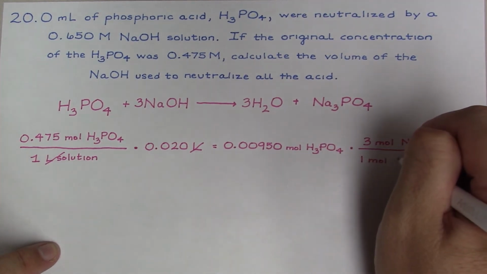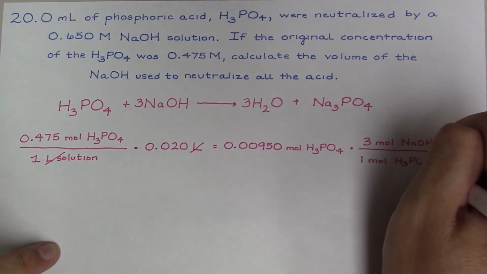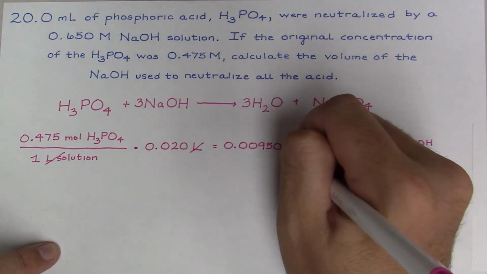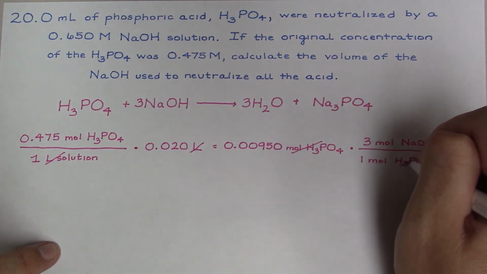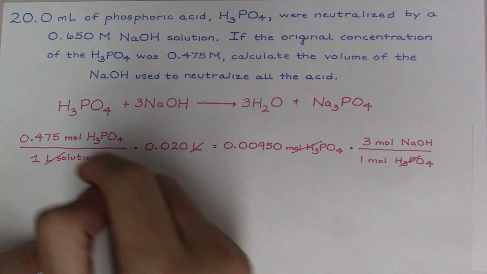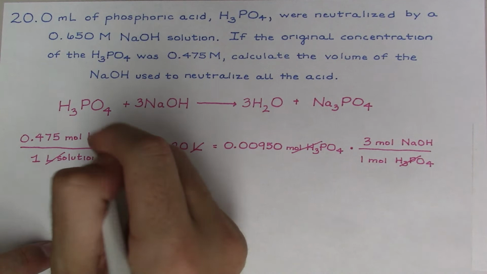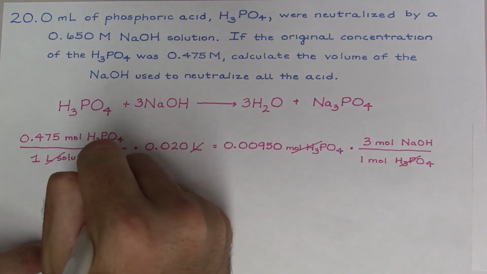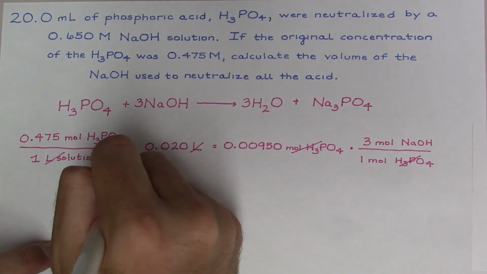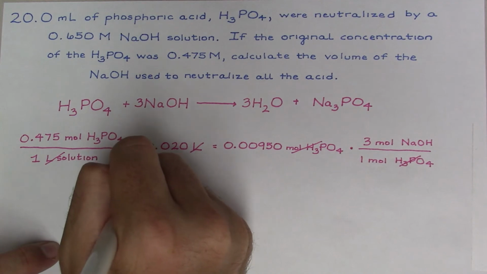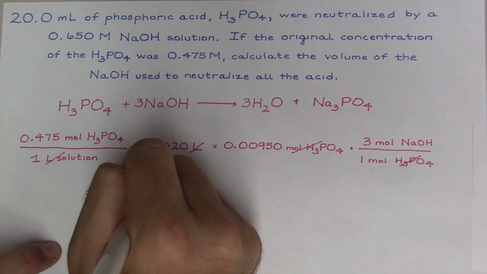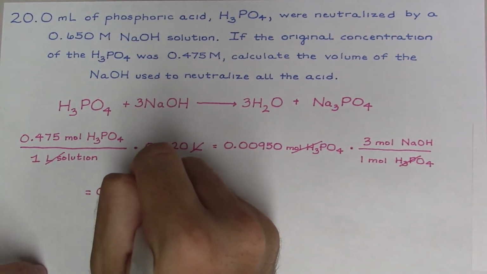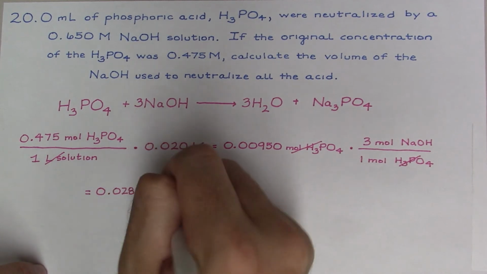This is using our coefficients from our previously balanced chemical equation. So now our moles of phosphoric acid will cancel, and we can get an amount of moles of our sodium hydroxide. If we put this into the calculator, you should get 0.0285 moles of sodium hydroxide.